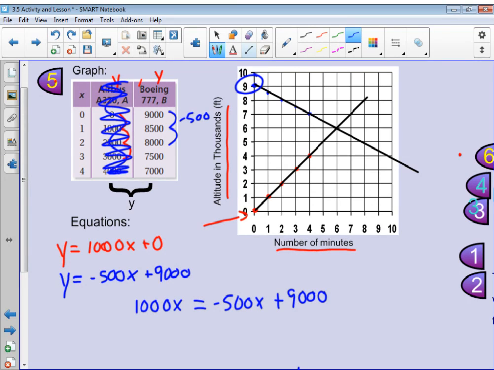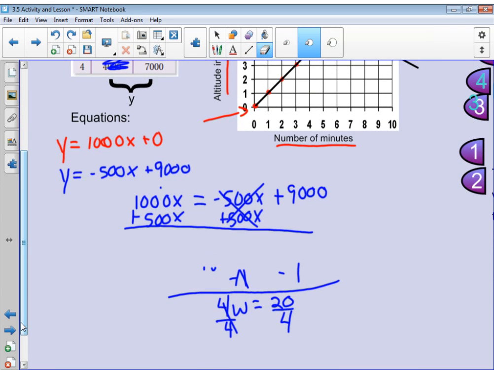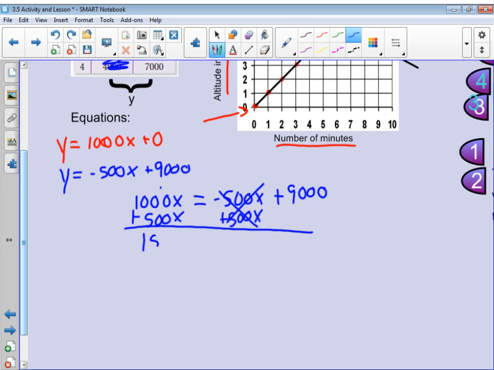Okay, so to get my x's, I already have the x's on the left-hand side, so I'll go ahead and move this one. So plus 500x gives me 1,500x equals 9,000.